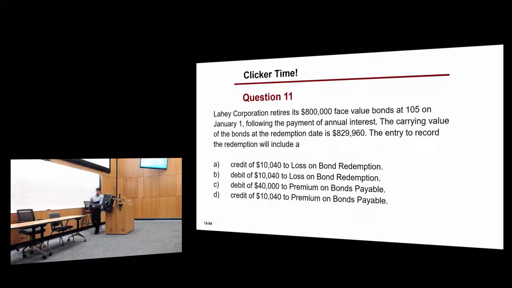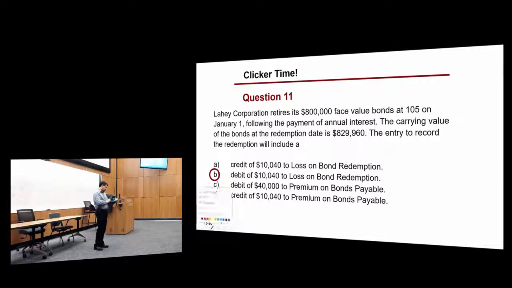So for this question, again, what you need to do is to write the journal entry. When the company retires bonds before maturity, right? This is what's happening.